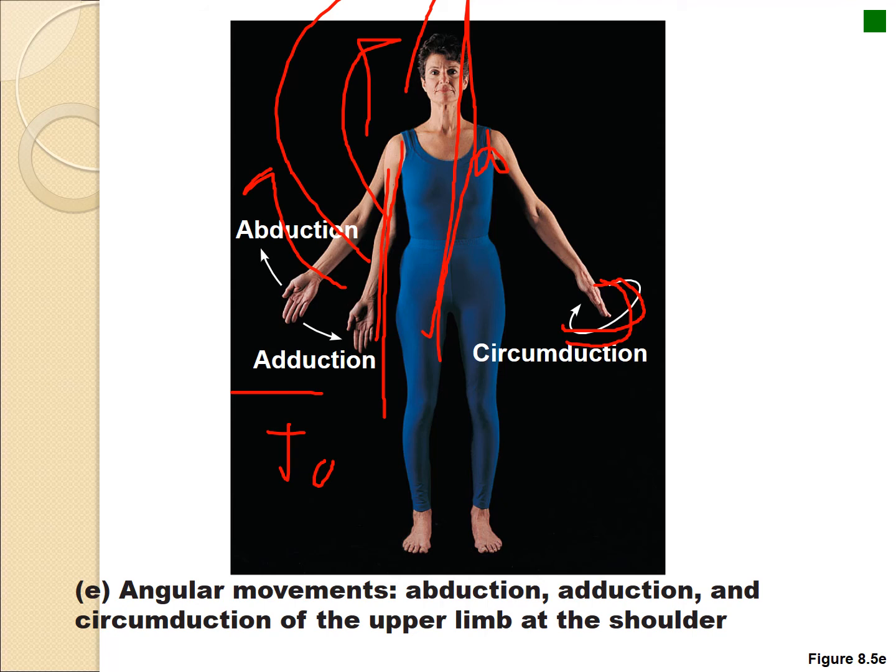If you just rotate your shoulder, your hand's not changing position as much as going back and forth. You'll see that it's moving in a semicircle, and you can't go all the way around. When you move your hand in a semicircle, that is called circumduction. Just practice that, and we'll show this one in class.